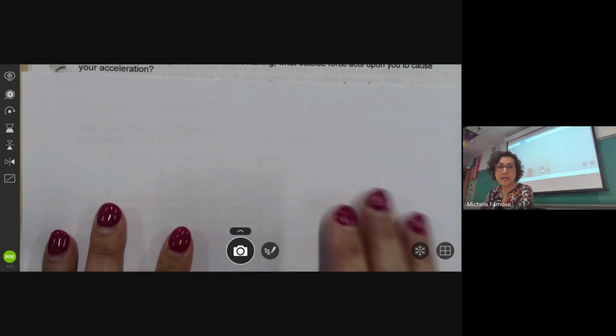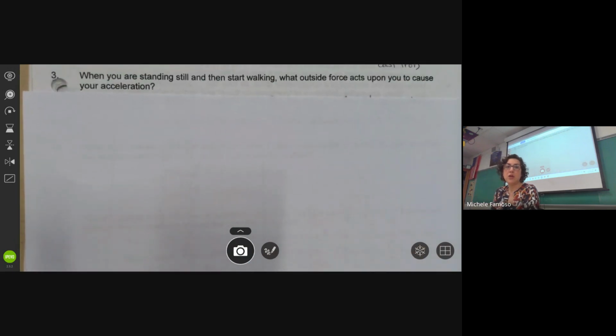Okay, number 3. When you are standing still and then you start walking, what outside force acts upon you to cause your acceleration? In other words, what pushes you forward to make you accelerate forward? It's a static friction force, that's right, of the floor on your feet.